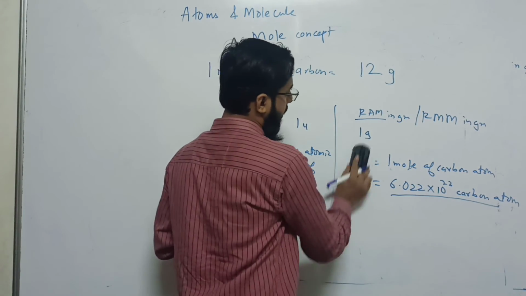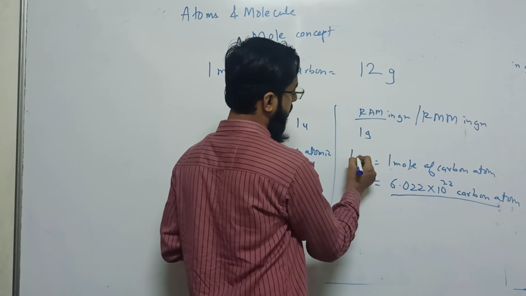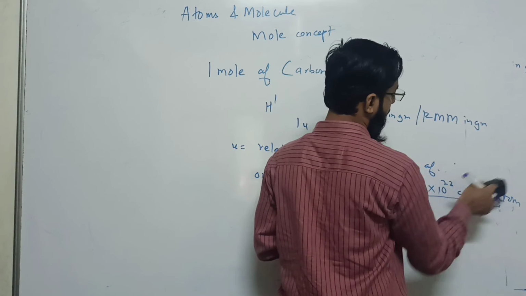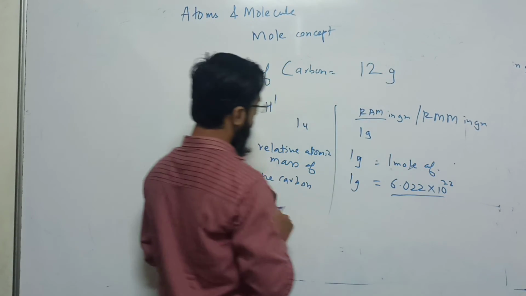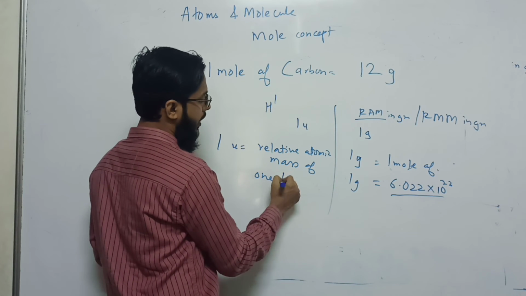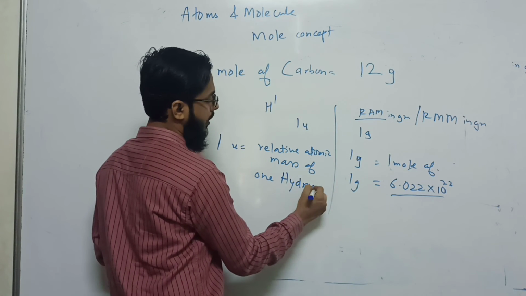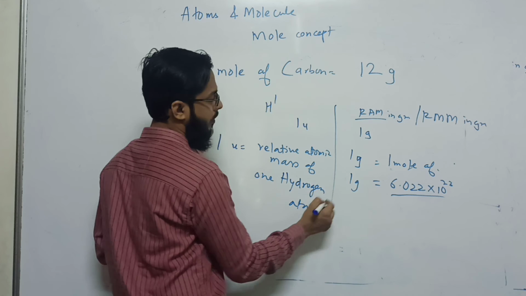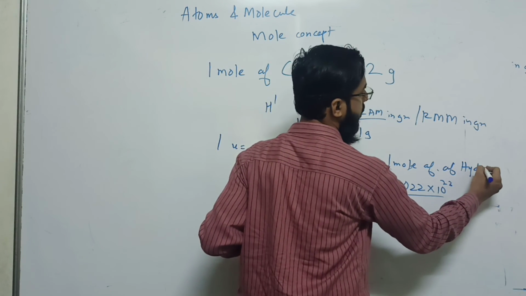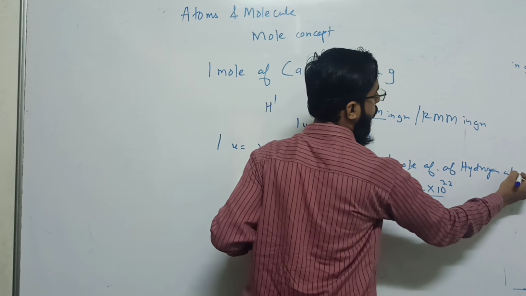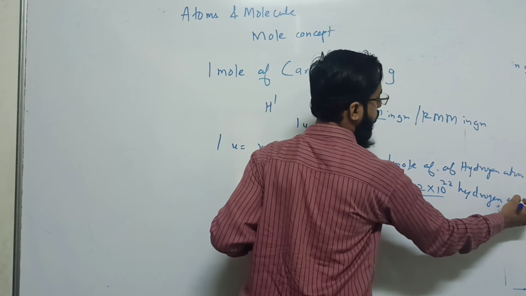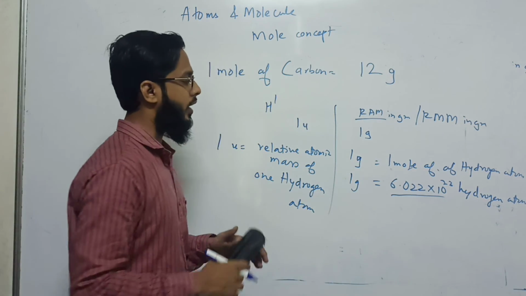When we write 1 U, it means relative mass of 1 hydrogen atom. And when we write 1 gram, it means 1 mole of hydrogen atoms, which means 6.022 into 10 to 23 hydrogen atoms.